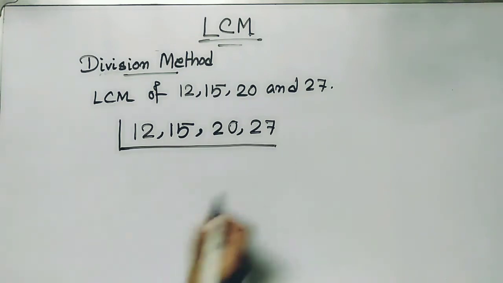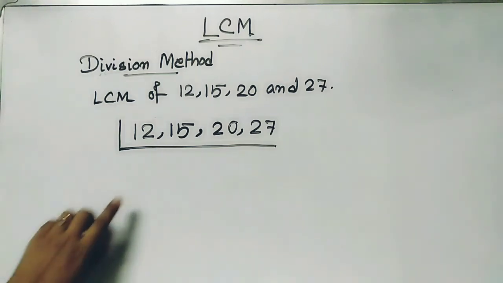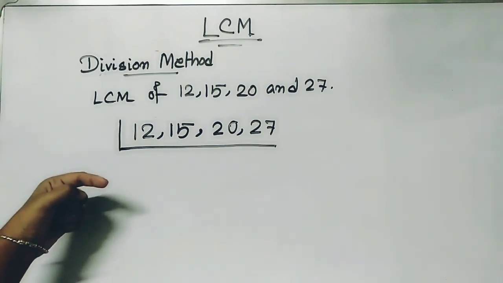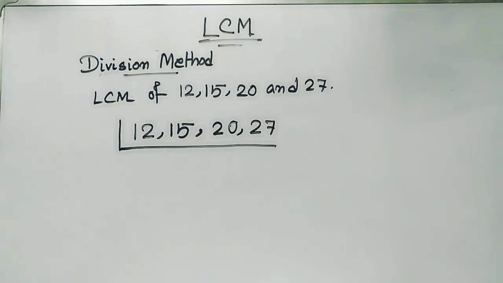Now we have to divide these 4 numbers. For the division method, we divide by a number which divides exactly at least 2 of the given numbers and carry forward the numbers which are not divisible. And this process is repeated till no 2 of the given numbers are divisible by a common number.